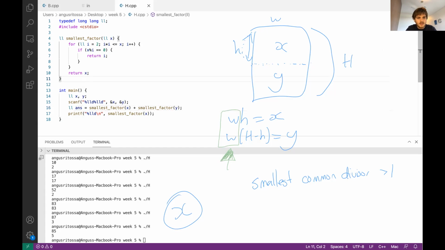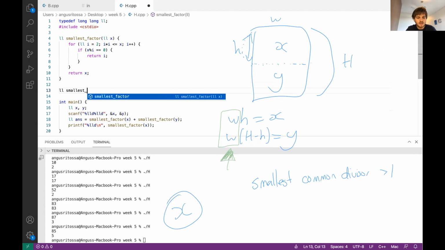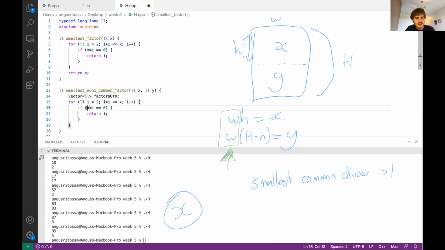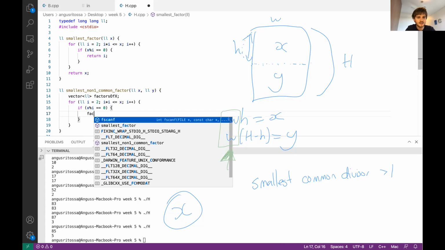So, the smallest non-1 common factor of X and Y. Well, we want to find all the factors of X and Y. So let's make a vector, which is factors of X. Now to find the factors of X, we can use our square root idea, similar to before. If I divides X, then I is a factor.